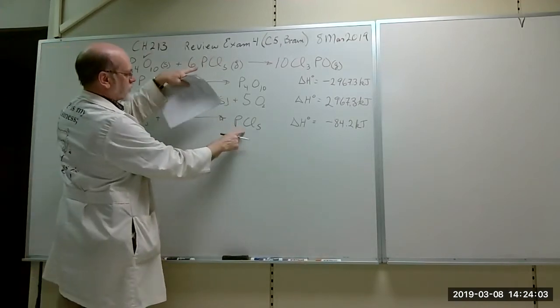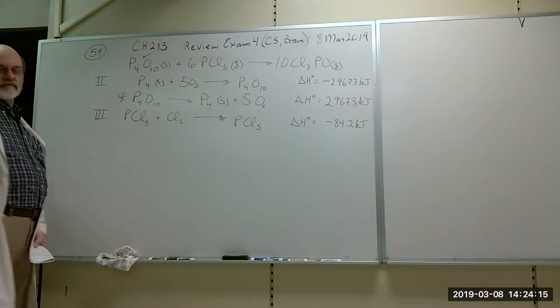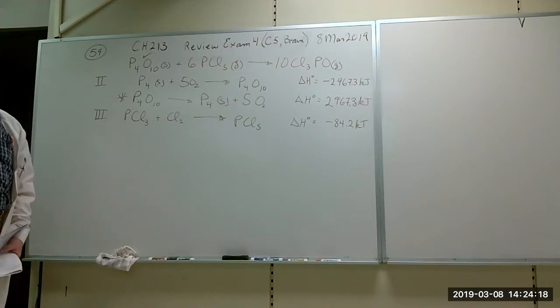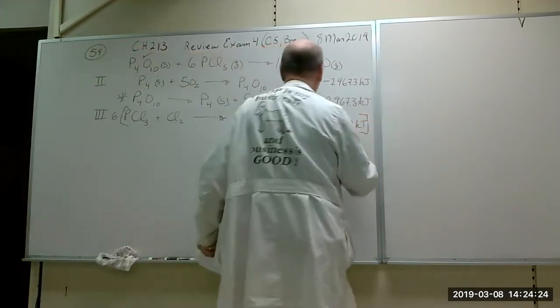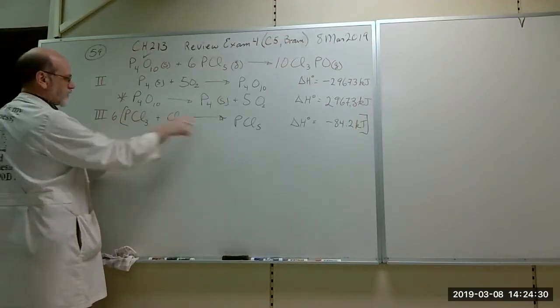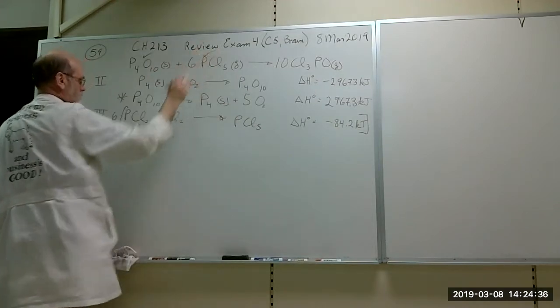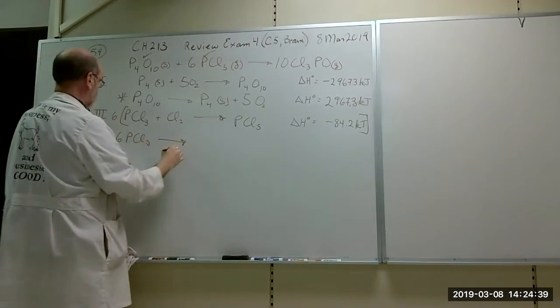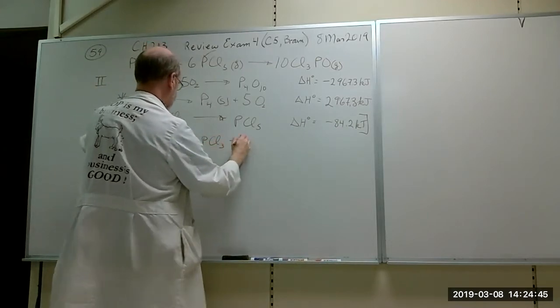So that one's on the wrong side also. In addition, there's not enough of them, right? So what we have to do is flip it and multiply it by a constant, right? So we've got to multiply the whole thing through by 6, plus we have to flip it. So if we do that, we have 6 times this one, and that's good because that gives us this one, yields 6 of these, PCl3, and 6 of these, Cl2.